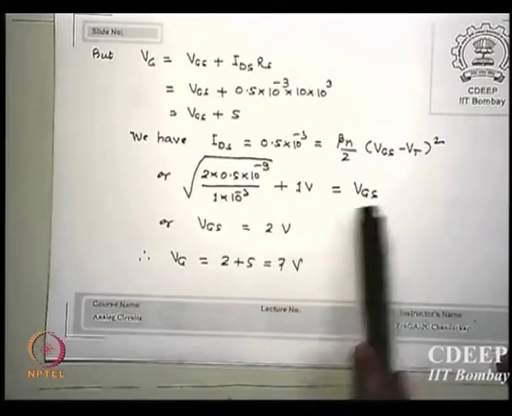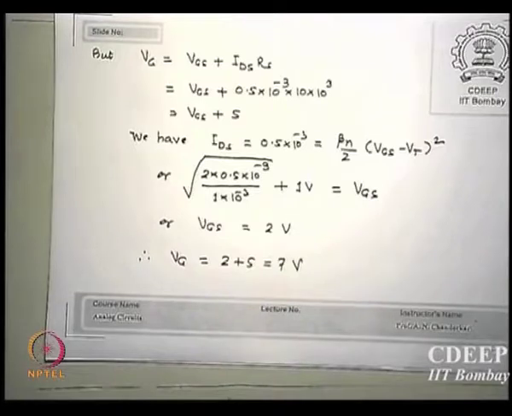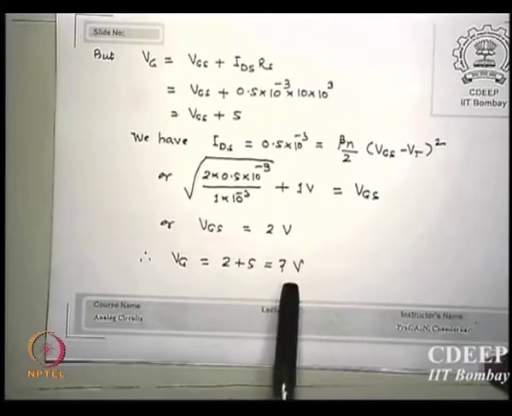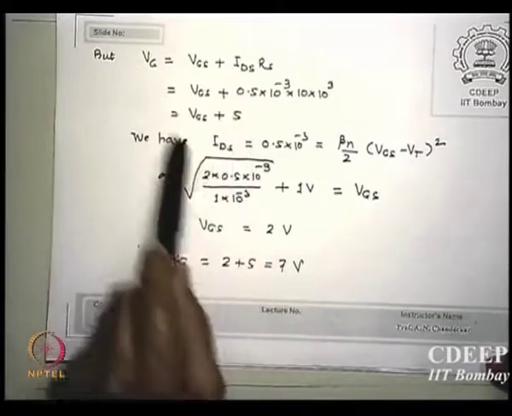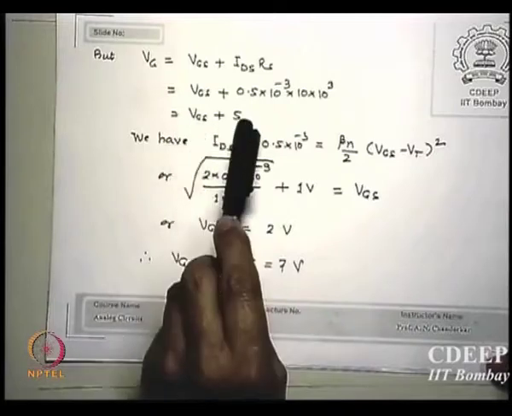So I evaluate VGS equal to 2 volt. Is that correct? VGS equal to 2 volt. VG is 7 volt. Please remember, how much is VG? 7 volt. This is VGS of 2 volt plus 5 volt.